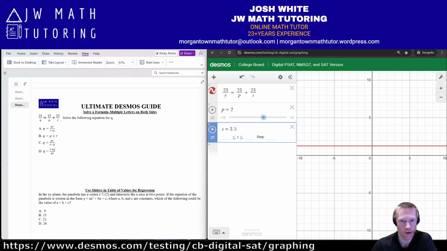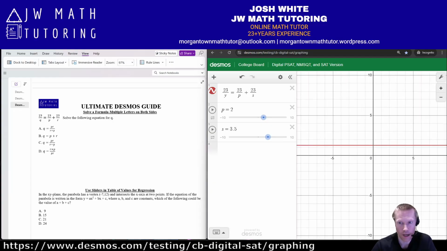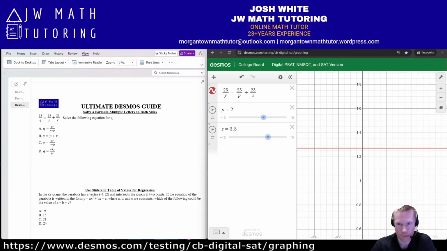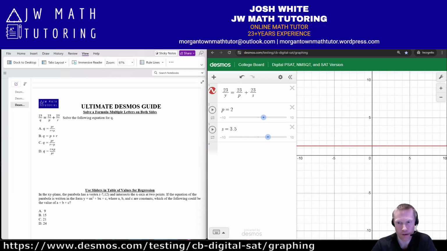All right, so now that I've done that, notice here I have a horizontal line at 1 point something. The actual value doesn't matter, between 1.2 and 1.3 actually, because all we're looking for is an overlapping line on top of it.